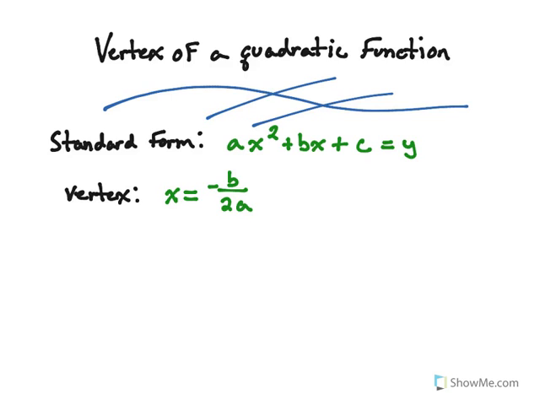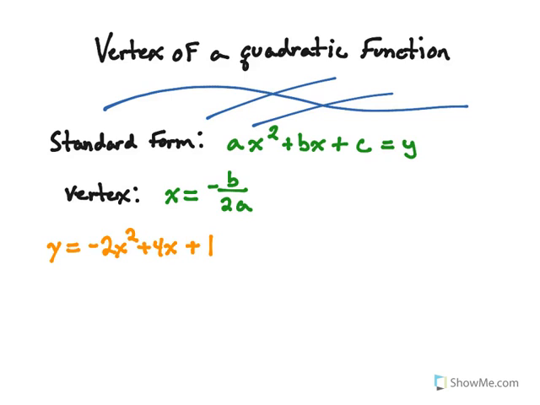So let's use this example. Let's say we have a quadratic function, y equals minus 2x squared plus 4x plus 1. And I want you to find the vertex.